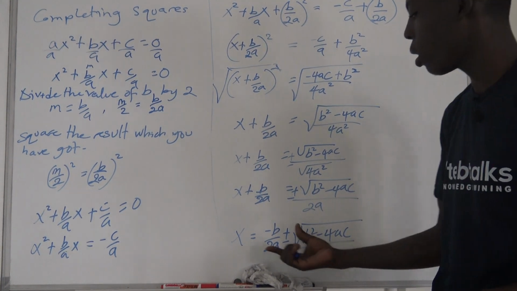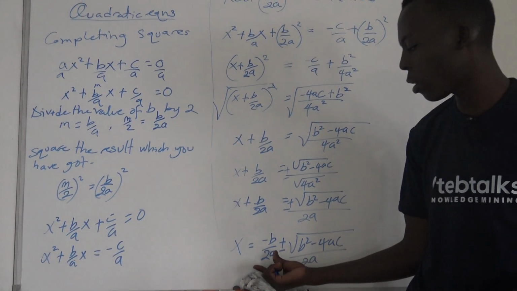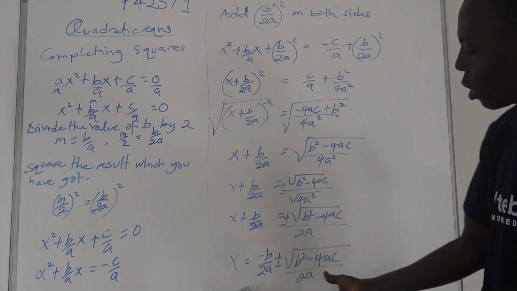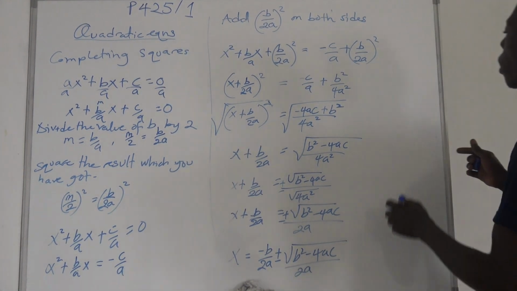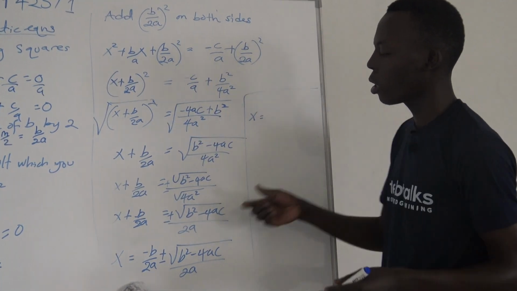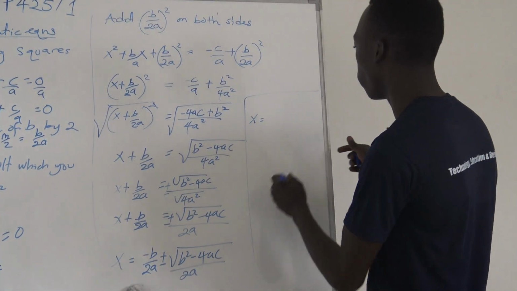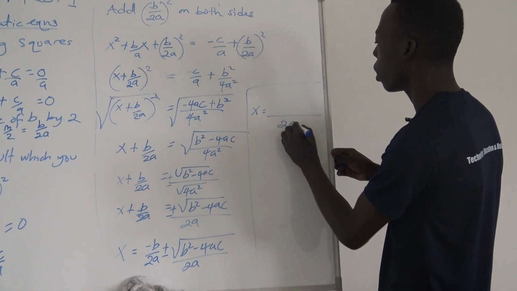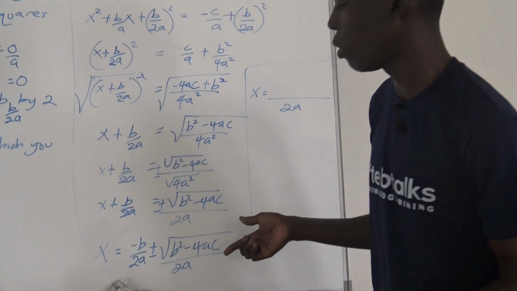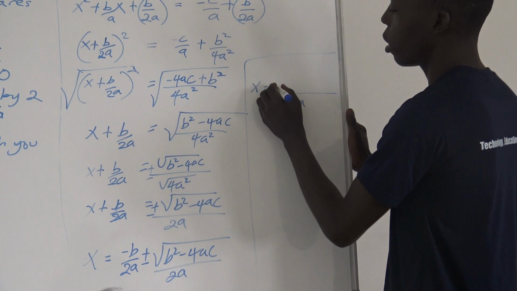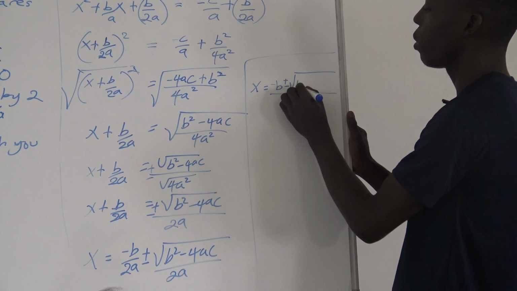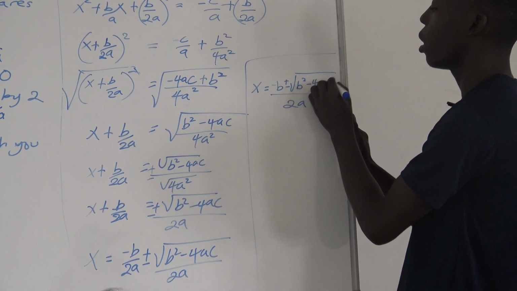We have the same denominator here and here, so when we try to get the LCM, it is the same. So our x equals, we write the LCM, which is 2a. When the LCM is the same, we just write the numerator, which is negative b plus or minus root of b squared minus 4ac.